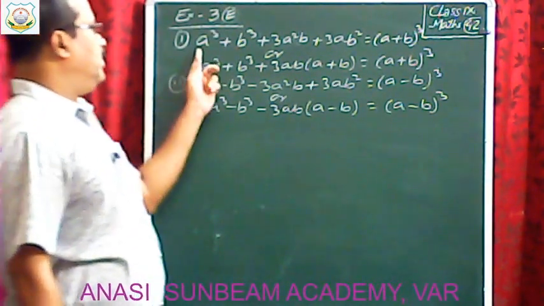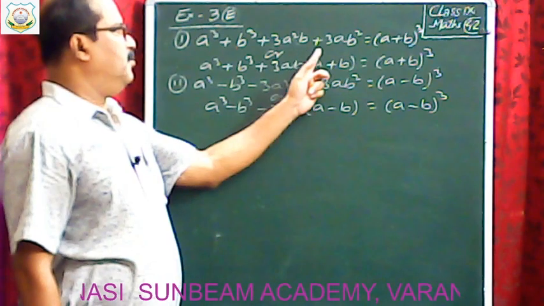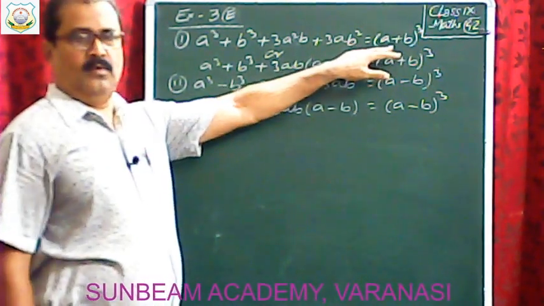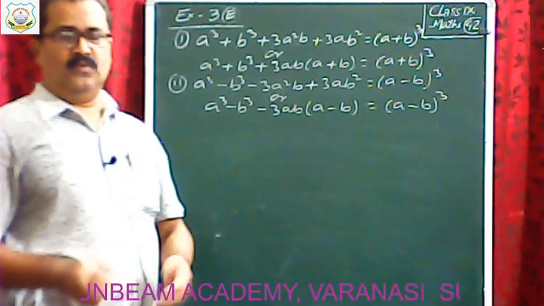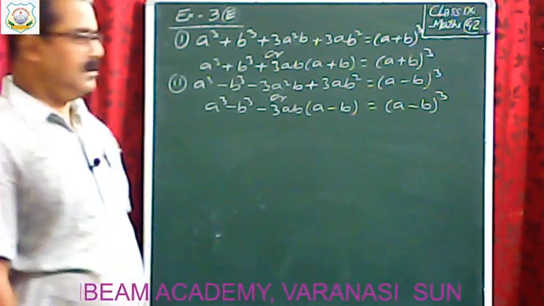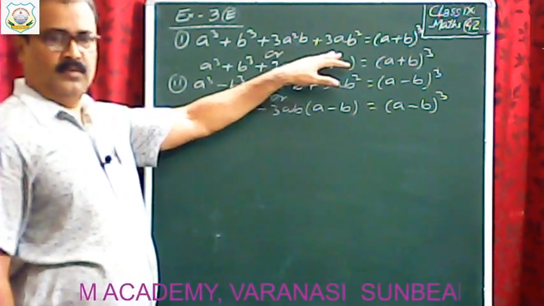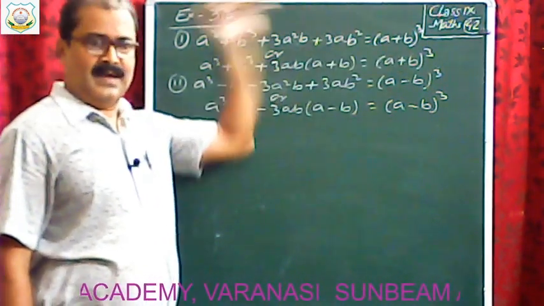The part of polynomial is a cube plus b cube plus 3a square b plus 3ab square, and a plus b whole cube means a plus b into a plus b into a plus b, that is the factorized part. So LHS is the part of polynomial and the factorized part is RHS.